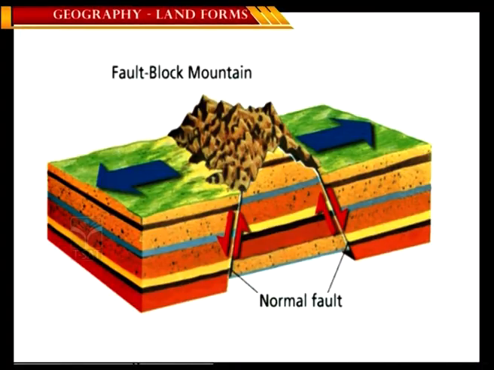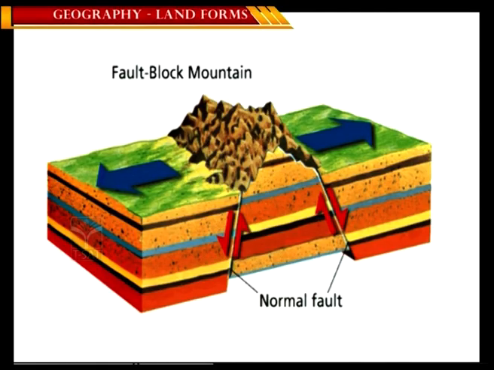The next variant type of mountains is the block mountains. Block mountains are formed because of fracture and faulting. The difference between a fracture and a fault: a crack in the crust is known as a fracture.